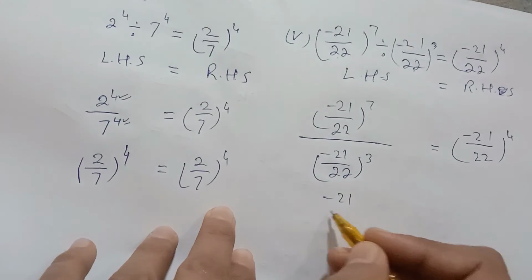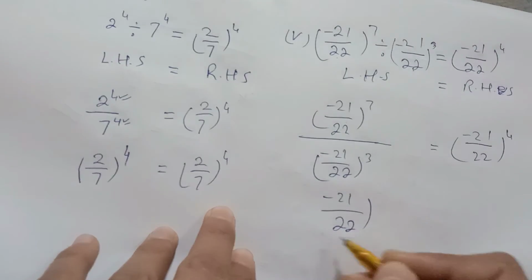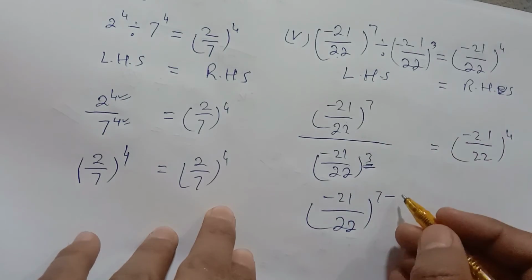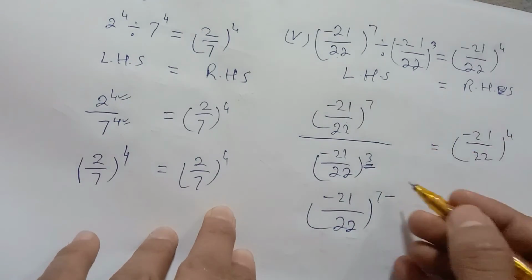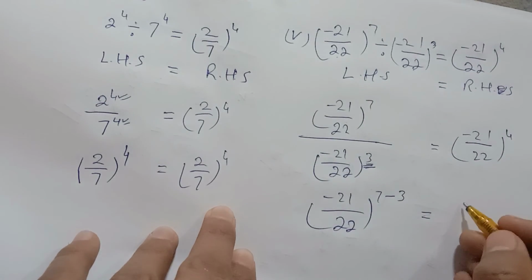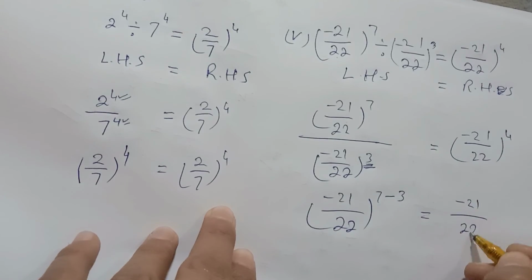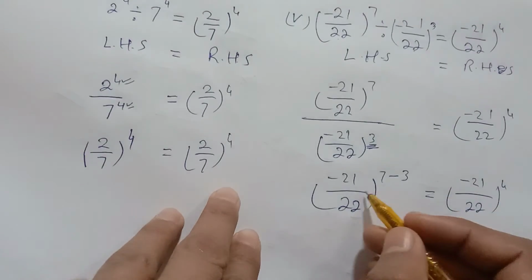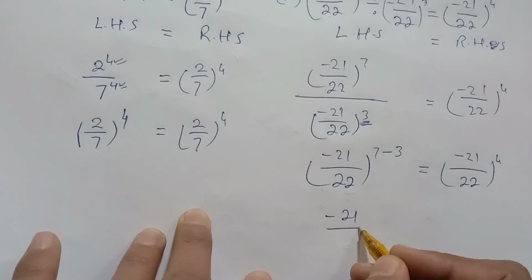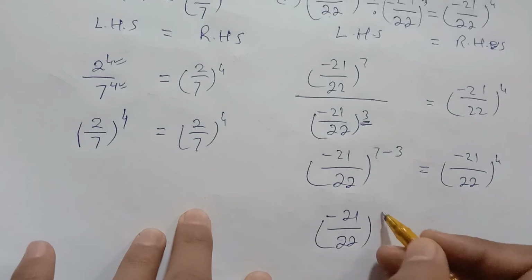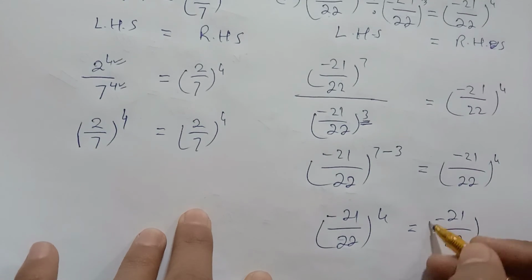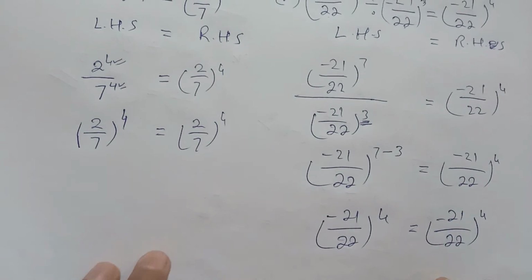So minus 21 over 22 whole power 7 minus 3, subtract the exponent 3 from 7, gives minus 21 over 22 whole power 4. The left hand side is also minus 21 over 22 whole power 4. It is the final answer of this question, and hence it is proved that the left hand side is equal to the right hand side.